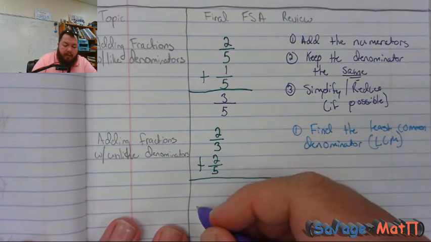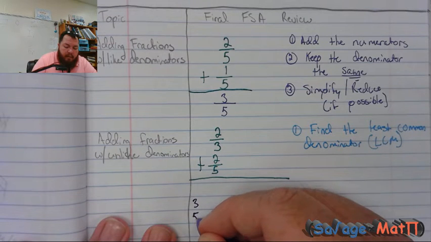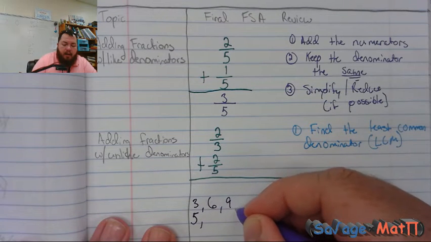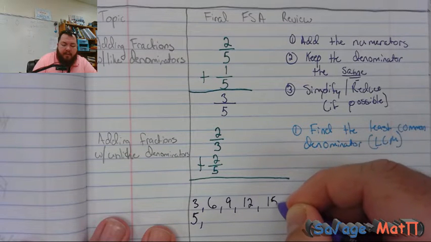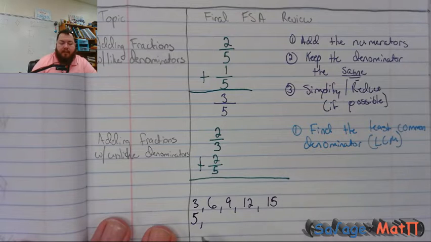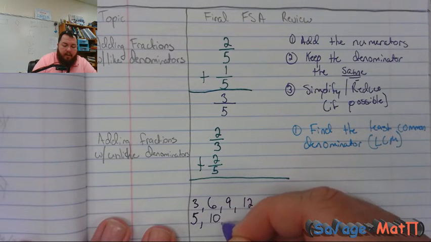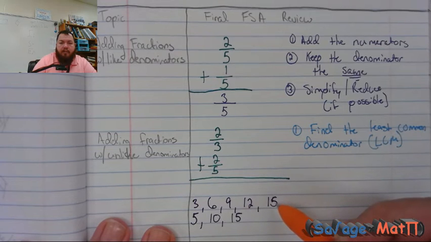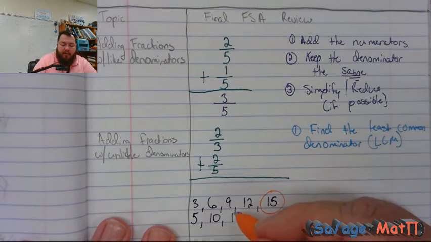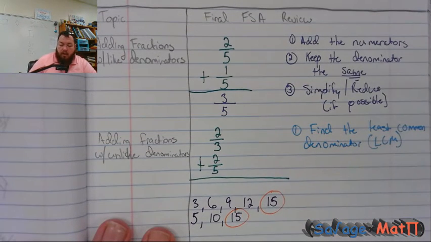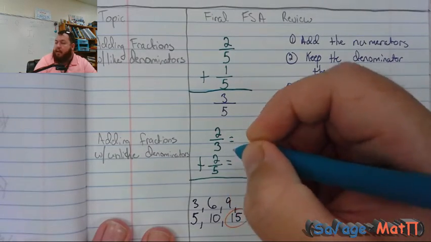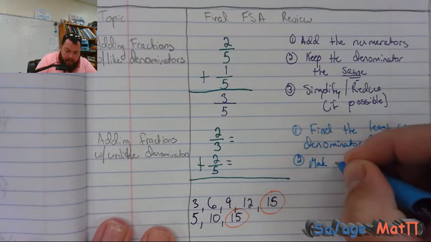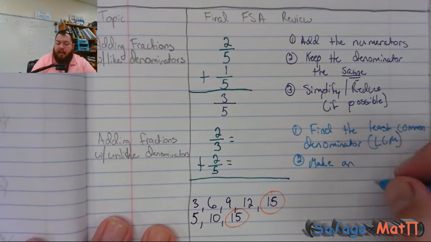The way we would do that is list the multiples of 3 and the multiples of 5. 3, 6, 9, 12, 15. I would stop there because I know 5 goes into 15. Down here I would do 5, 10, 15. As soon as I get numbers that match in both lists of multiples, I would stop and circle it. One reason that helps is that our next step is to make an equivalent fraction with the LCM.